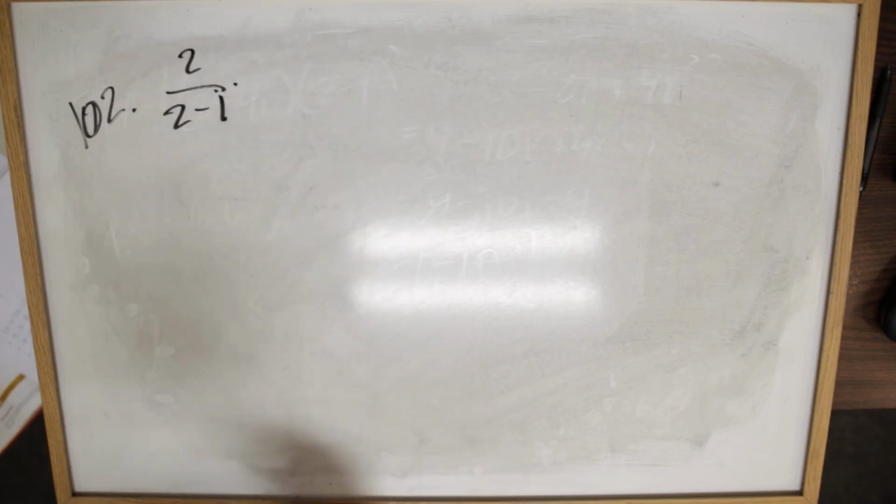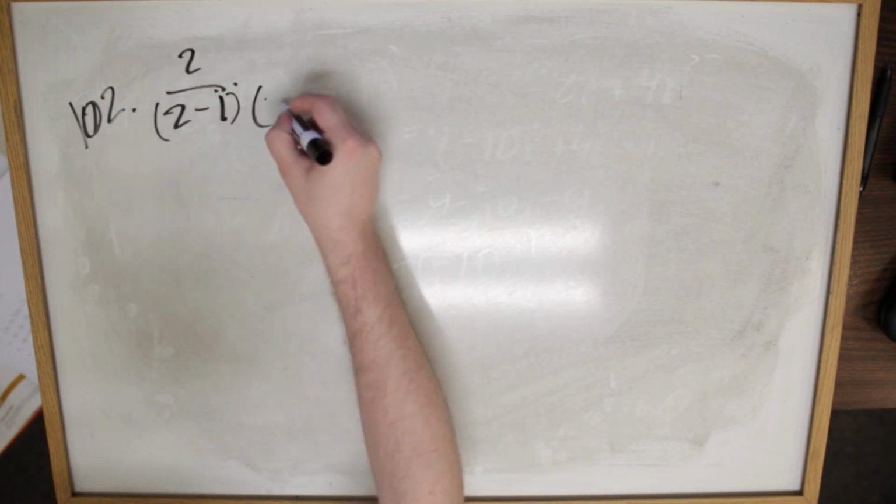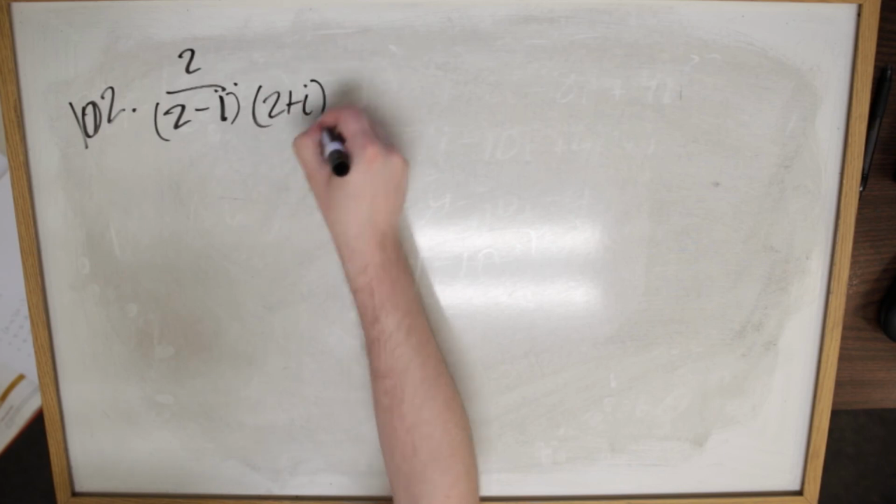So remember when we did the conjugate with radicals, you are using the same first value, but you're changing the sign in between. So 2 minus i, we're going to multiply this in the denominator times 2 plus i.